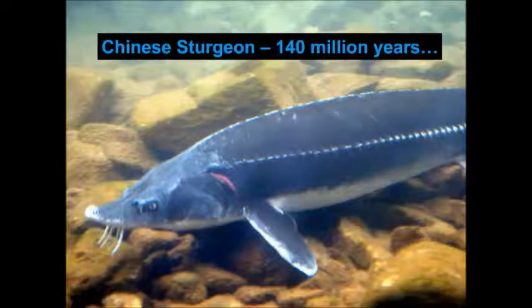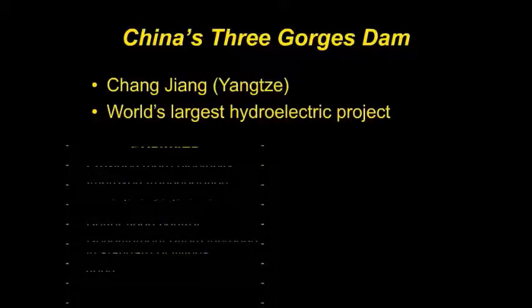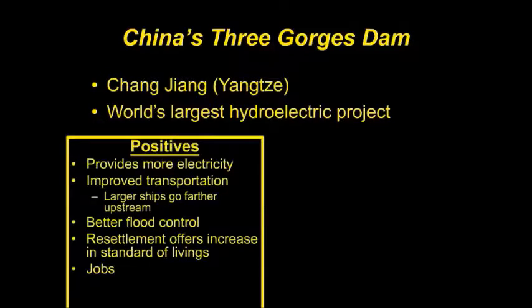It's since been saved, but for 140 million years this thing has been surviving, and then boom, all of a sudden it could be almost extinct just a few short years after the Three Gorges Dam was constructed. The Changjiang, the Yangtze River, is home to the world's largest hydroelectric power project.